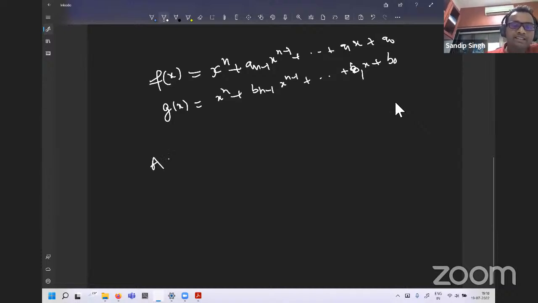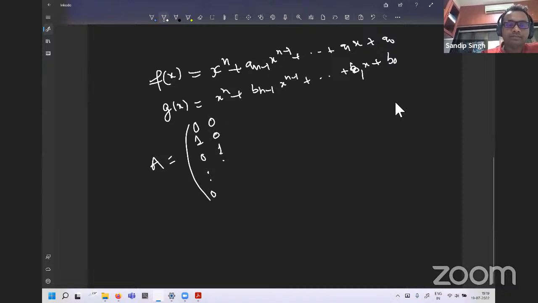And the matrix A is the companion matrix of f. By definition, you can recall that in this companion matrix the lower diagonal entries are 1, and the last column vector is the negative of the coefficients of f: minus a0, minus a1, ..., minus a_{n-1}, and the rest of the entries are 0.